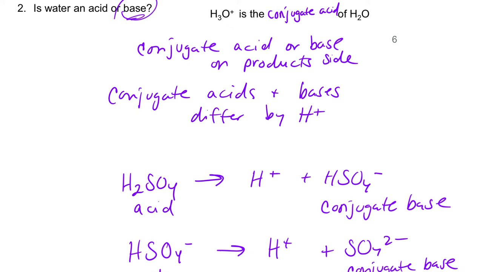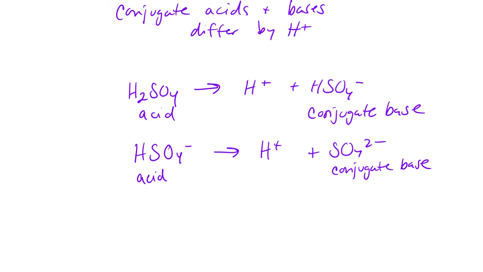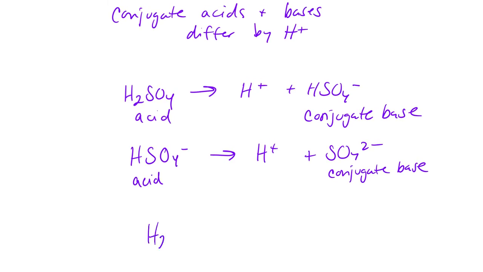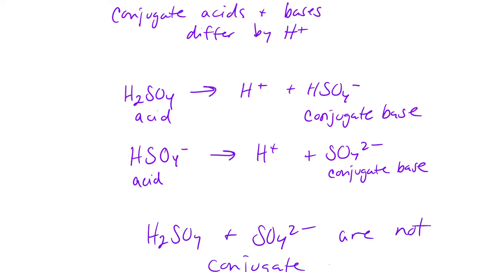Okay. So H2SO4 and HSO4 minus are a conjugate acid-base pair. HSO4 minus and SO4 2 minus are a conjugate acid-base pair. But H2SO4 and SO4 2 minus are not a conjugate acid-base pair, and that's because they differ by more than one proton.